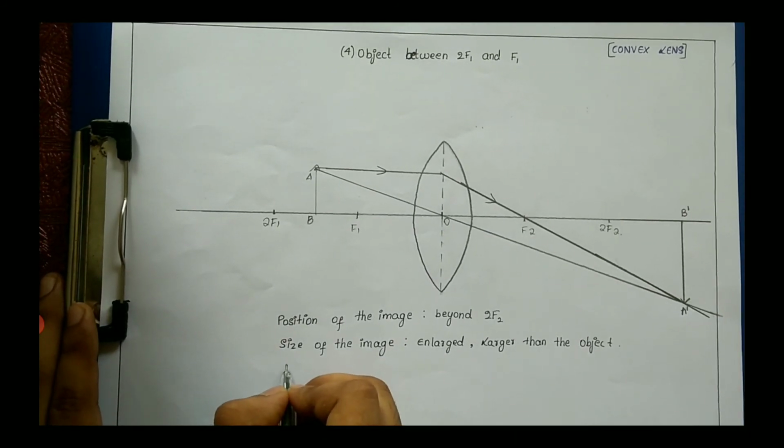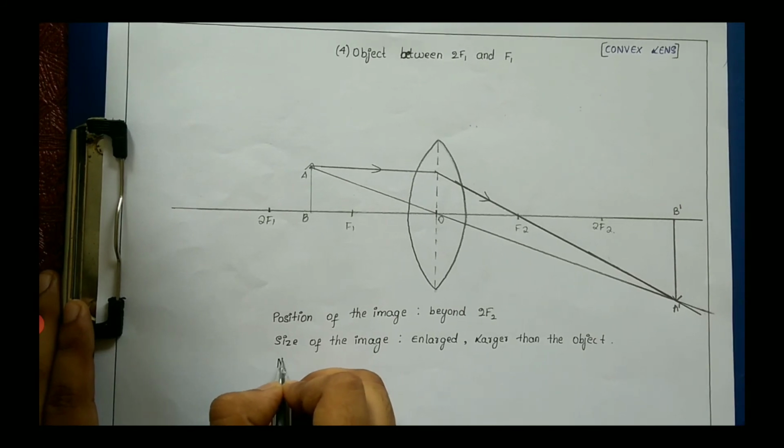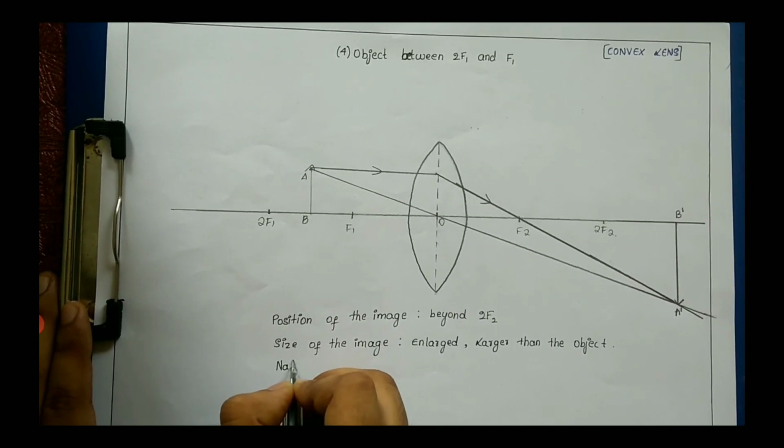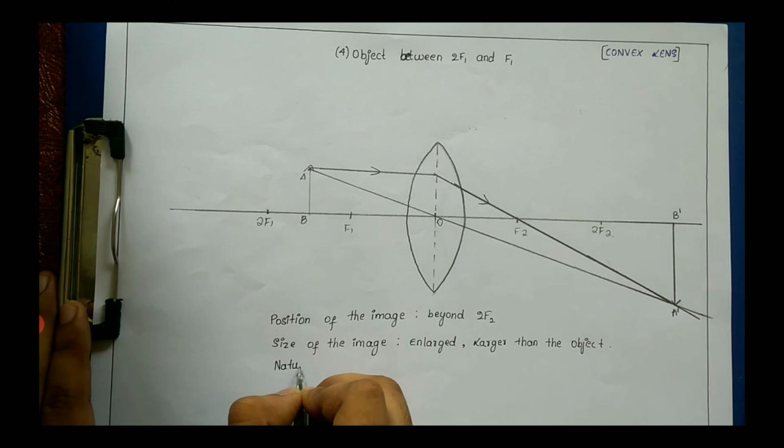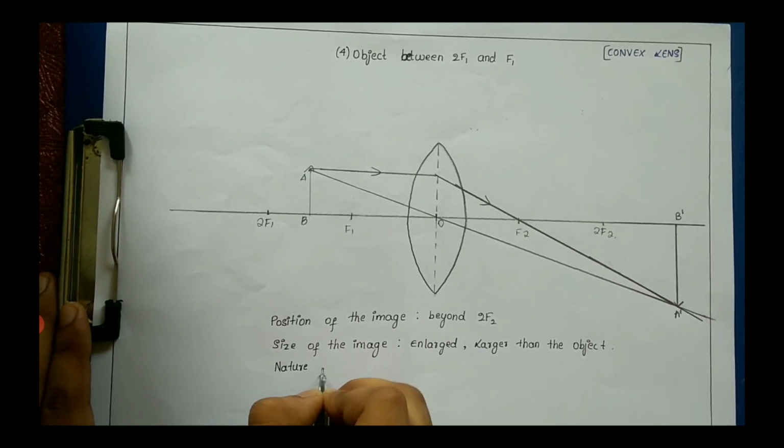Then you write nature. Nature of the image. What is the nature of the image? It is real and inverted image.